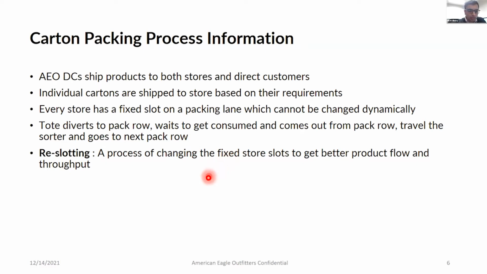So the main question I was trying to answer with this simulation model is how we can test different reslotting scenarios, look at the gains from each, and if it makes sense from the benefits perspective, then implement it. That way we minimize disruptions in operations and the downtime that the DC has to take.